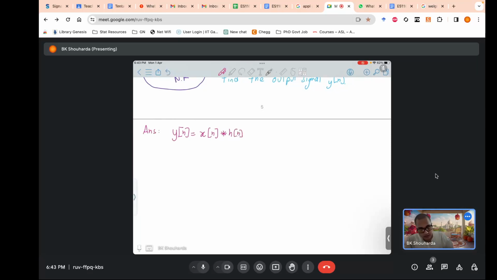How does it look? You have x of n going into a system described by the impulse response h of n. You get an output y of n. How do I write it in terms of summation? Break it up: k equals minus infinity till infinity x of n minus k h of k. It is also the same if you interchange x and h.